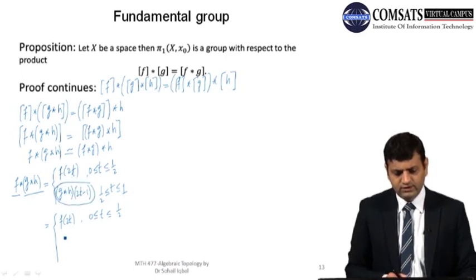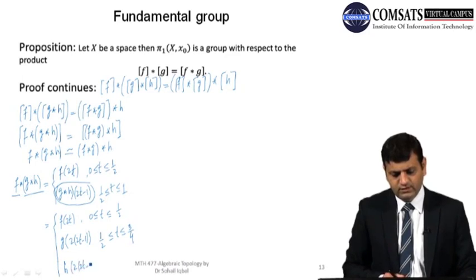So we should be able to write it down as g of 2 into 2t minus 1, and t varies, so in this case now we are going to further divide this interval, from 1/2 to 3/4, and h of 2 into 2t minus 1 minus 1, where t belongs to 3/4 to 1.